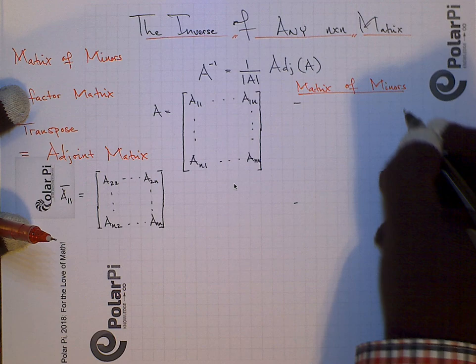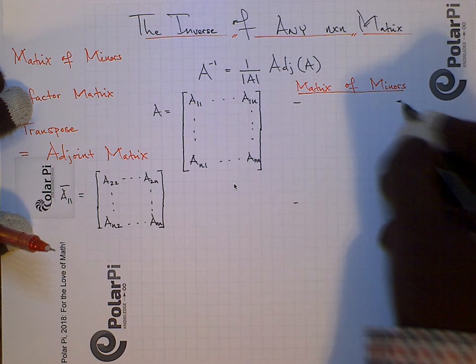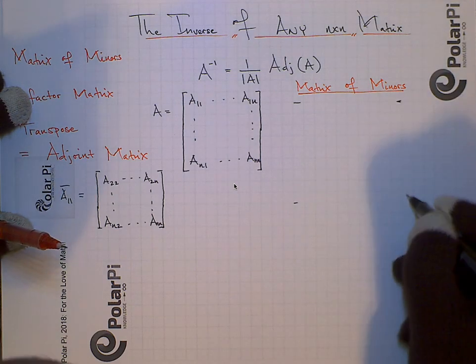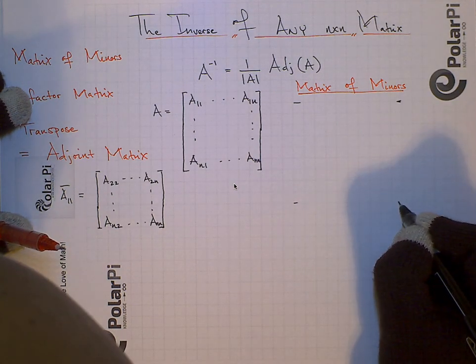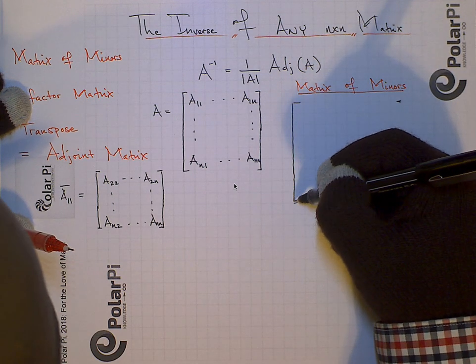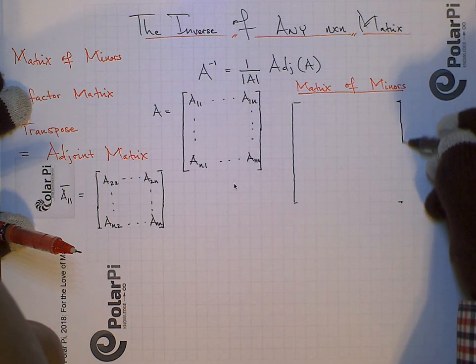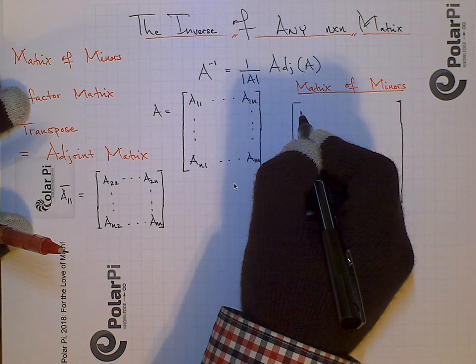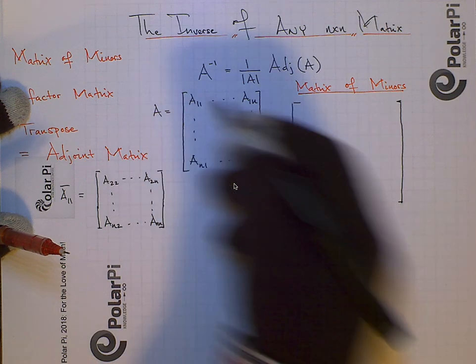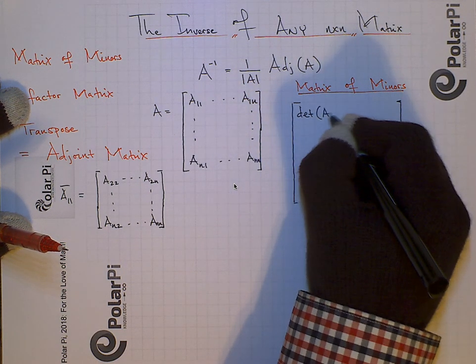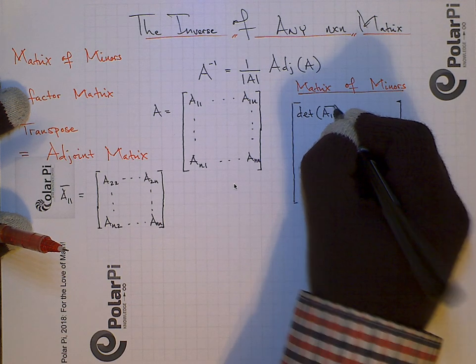It's going to be the matrix whose first entry, in place of A11, is going to be the determinant of A11 bar. Can you imagine that?